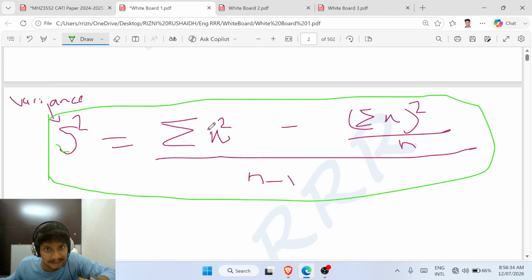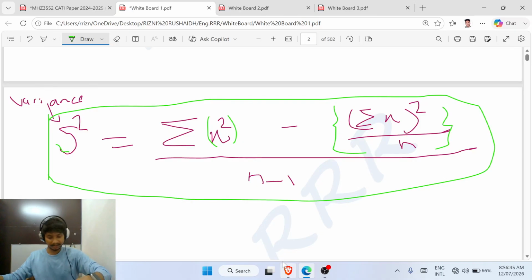Sigma x square minus sigma x whole square divided by n, this is one part, divided by n minus 1. This is the standard equation to find the variance.